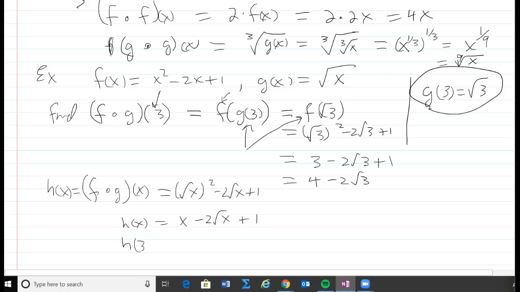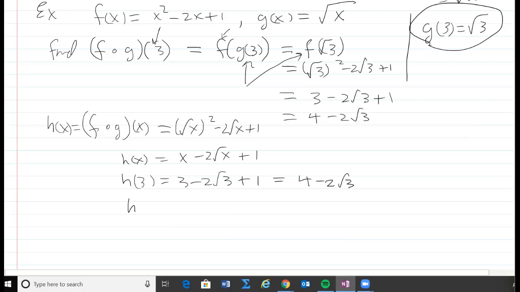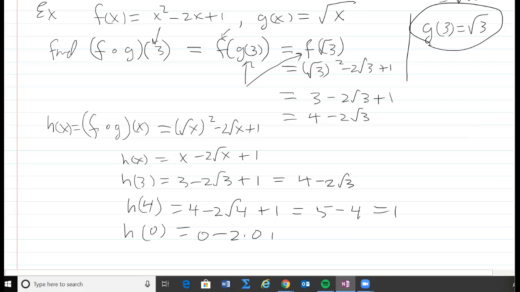I can compute h of 3, which would be 3 minus 2 root 3 plus 1, which we saw was 4 minus 2 root 3. We could also compute h of, let's say, 4. That would be 4 minus 2 root 4 plus 1, which is 5 minus 4, is a 1. Or how about 0? H of 0 is 0 minus 2 times 0 plus 1.